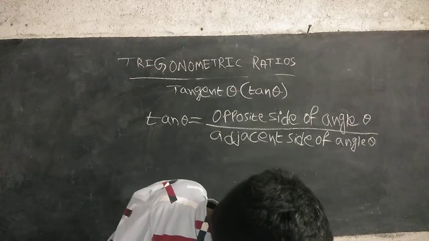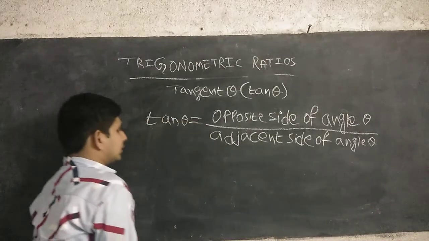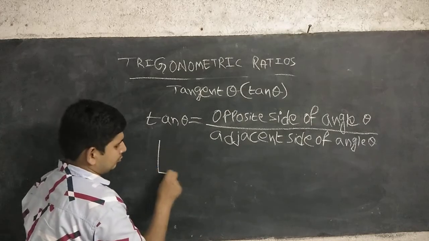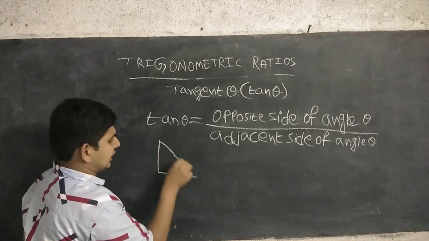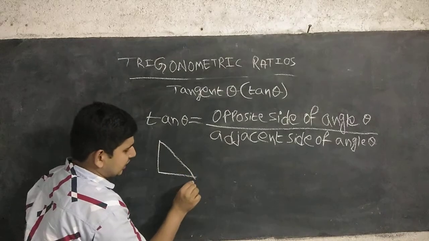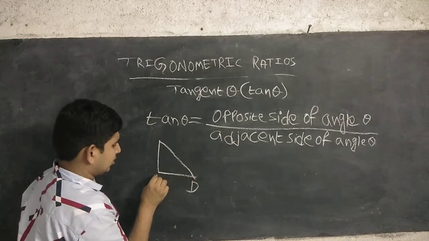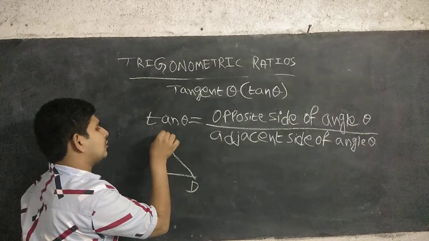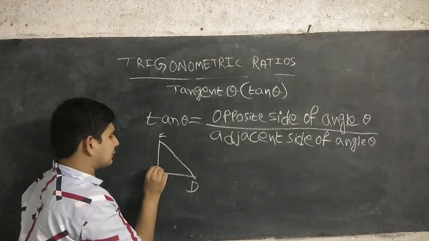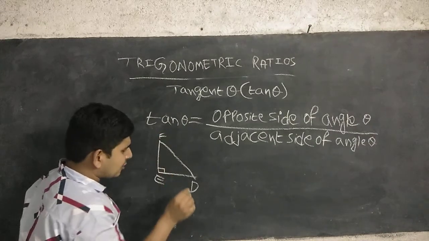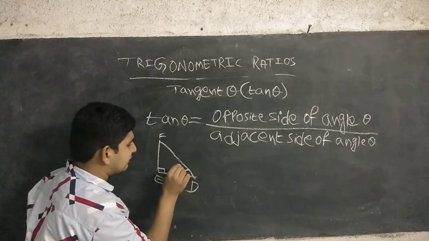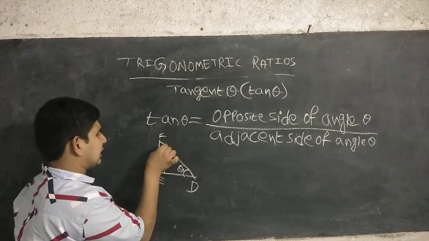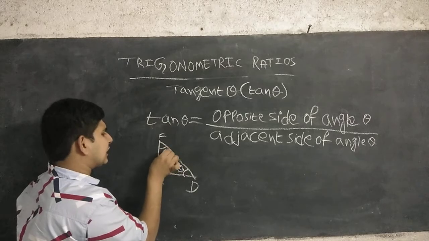Now consider a triangle DEF. Here we have a triangle, with angle D equal to theta 1 and angle F equal to theta 2.